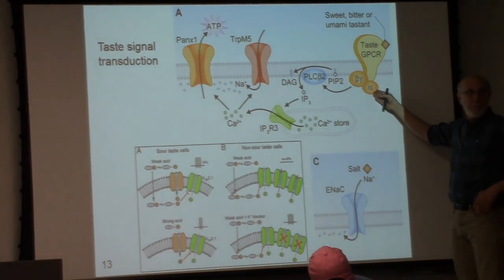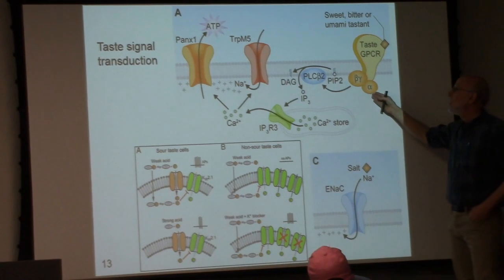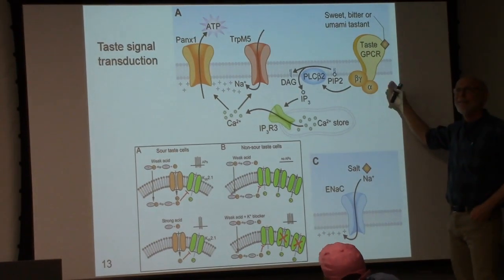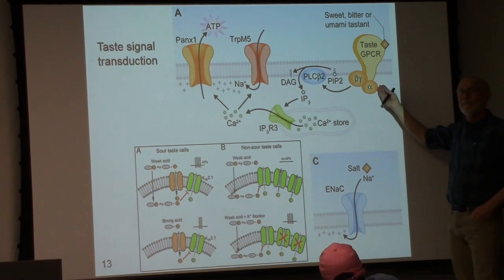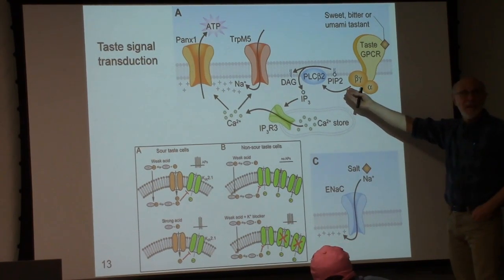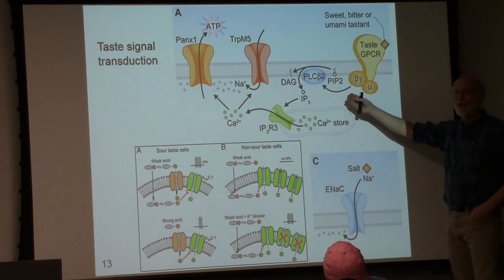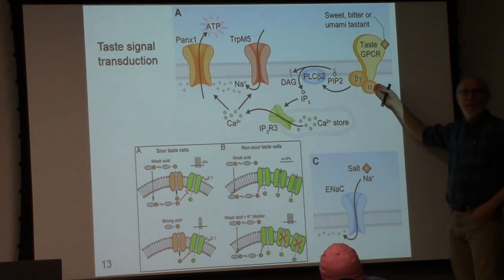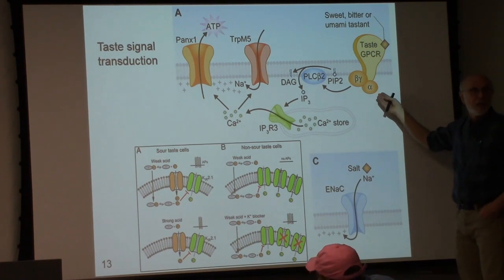Yeah, then the activated alpha with GTP bound then activates phospholipase C in this story. What G protein is the taste pathway activated? GQ. This is GQ.